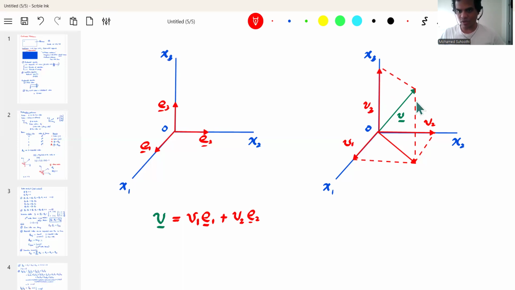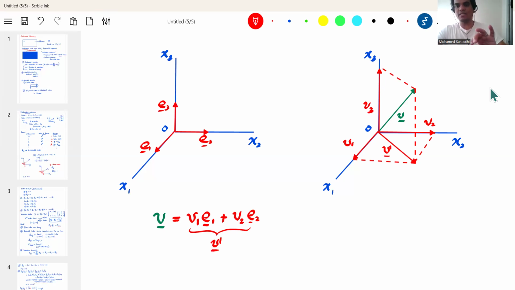So this one is also a parallelogram. That's what I am adding. Then v1 plus v2, actually I am getting this vector now. So I'll call this v dash vector.